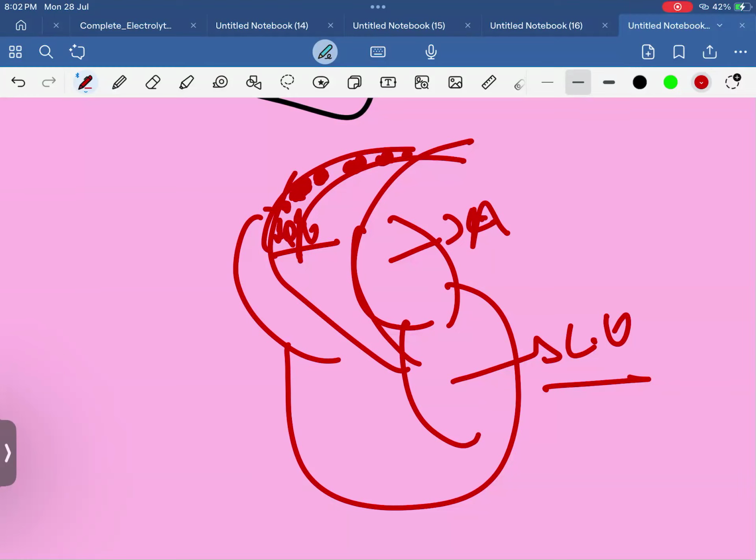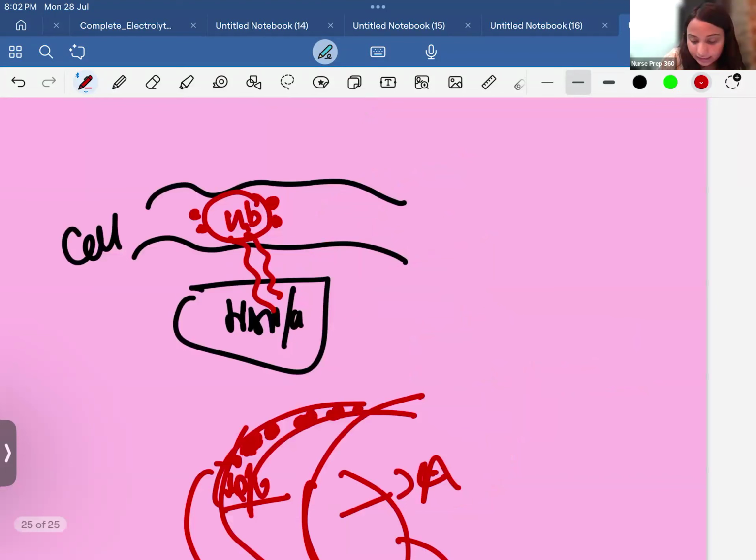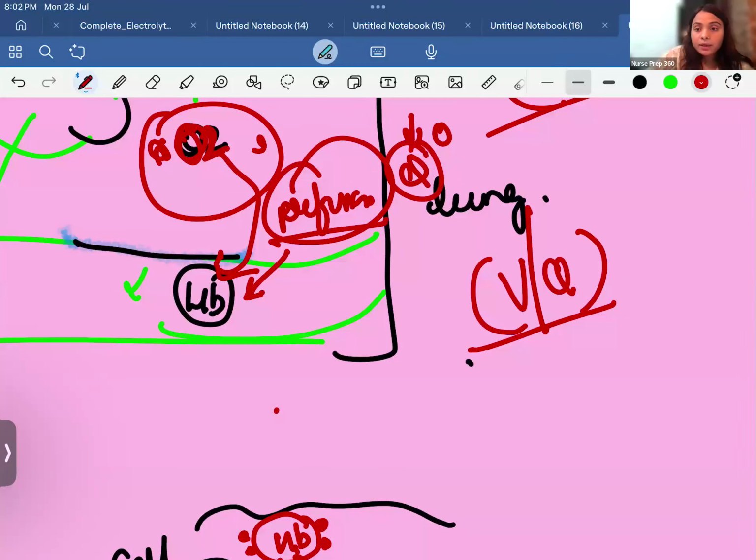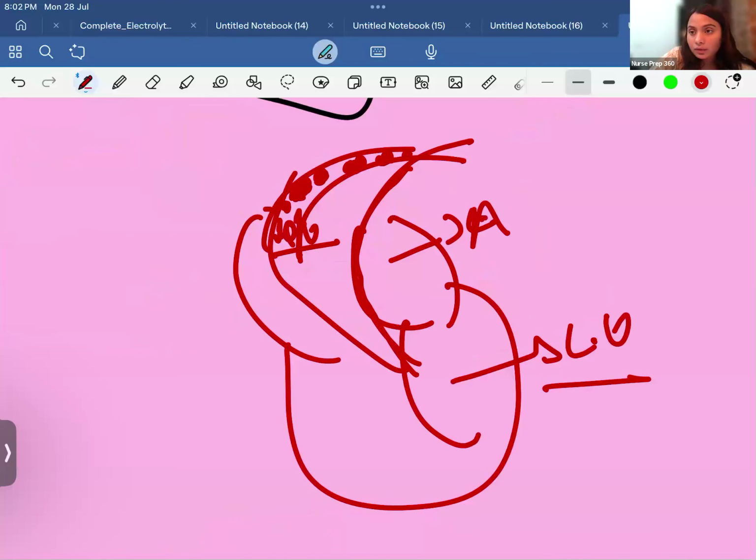I was saying that there is a decrease in the VQ, ventilation perfusion, and when the blood comes back to your heart, what will happen there?